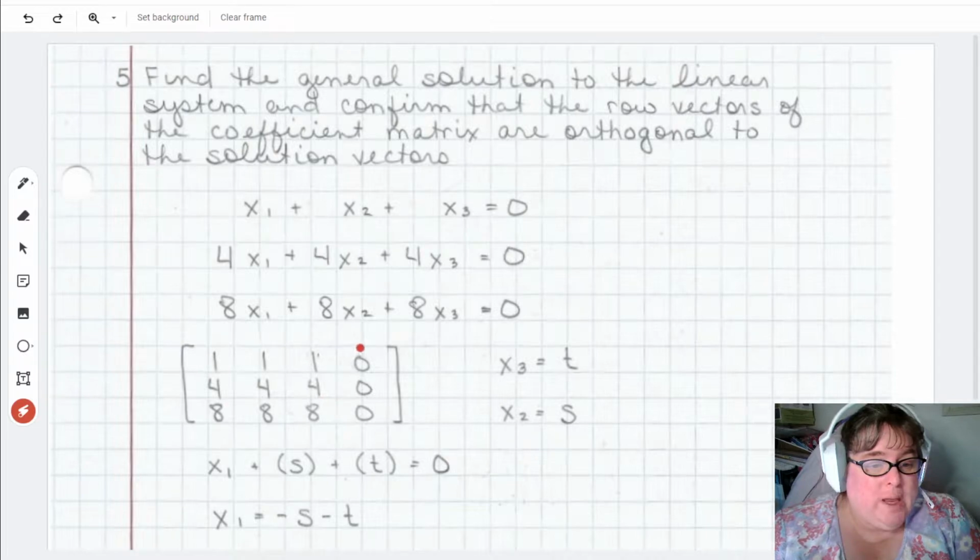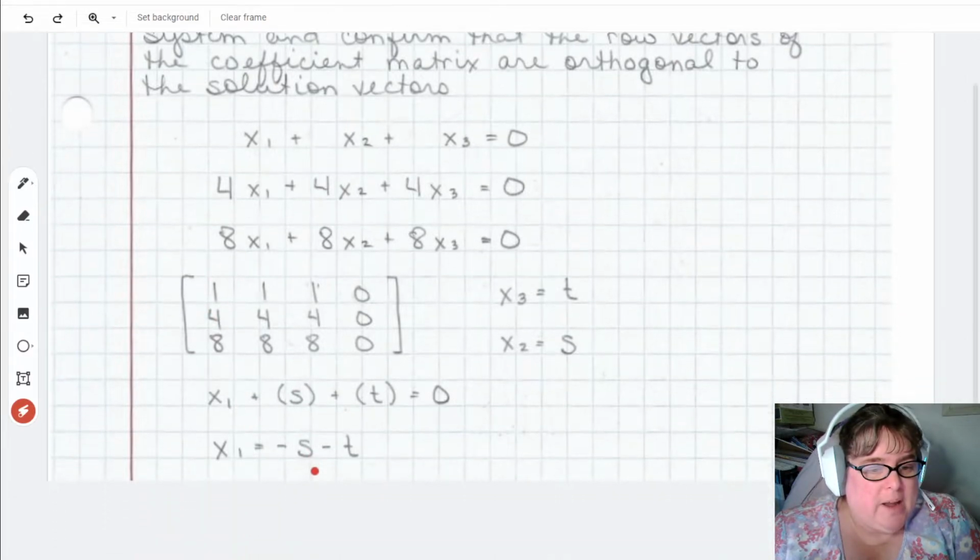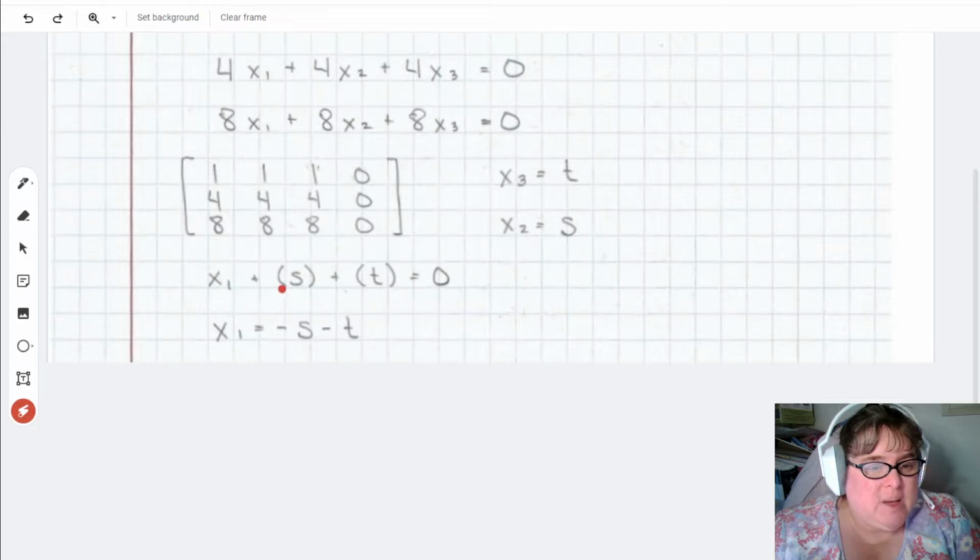So we basically just need to look at this row here, and if we set this first position equal to t and this second position equal to s, and we'll make this first position x sub 1, we end up with x sub 1 plus s plus t equals 0.